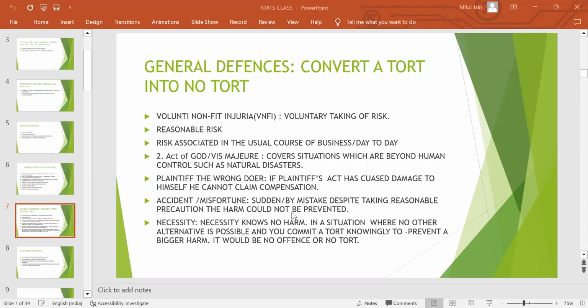Only your building collapsed and none of the other buildings collapsed. So basically it means that your building was weak. So there can be a fault in your building, and that is the reason why it collapsed. So in that situation, you may claim compensation.